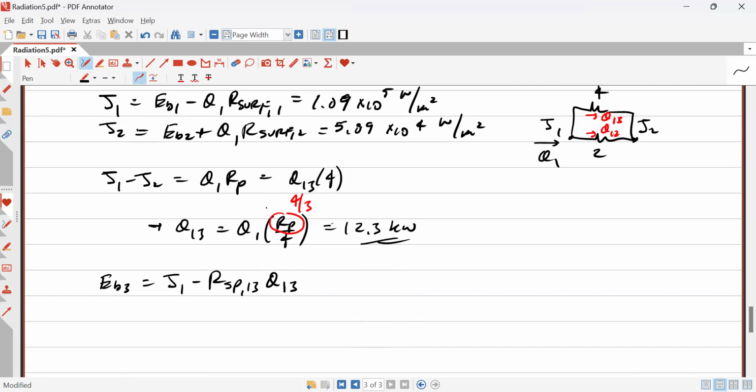So this value here is going to be 2, and that gives us the value of EB3. And finally, T3 is equal to EB3 over sigma, all to the 1/4 power.